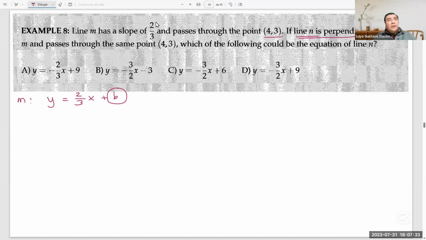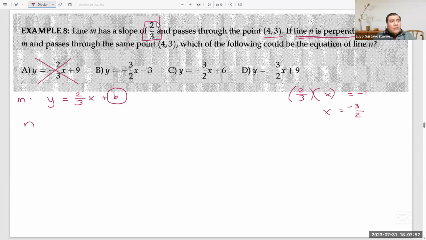So take a look. If this is the slope of line M, which number multiplied by 2/3 gives you -1? It would be actually -3/2. So clearly, this cannot be the answer, okay? It must be one of the other three choices.